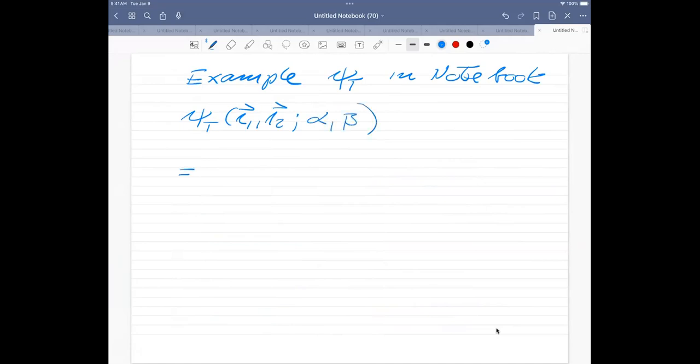And the trial wave function is given as the harmonic oscillator case, 1/2 of alpha squared, this is 1 parameter, then I have R1 squared plus R2 squared. So this is the harmonic oscillator part, the one body part of the wave function. This is what we call psi of one body.